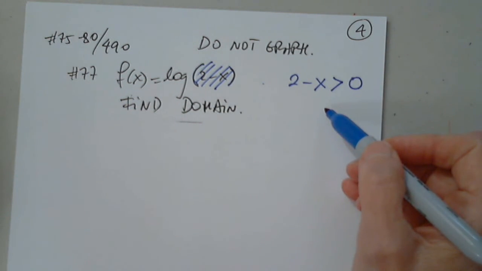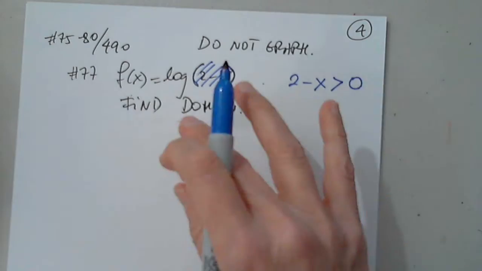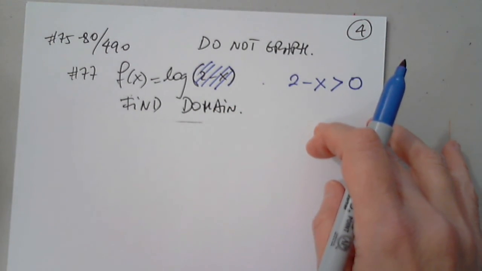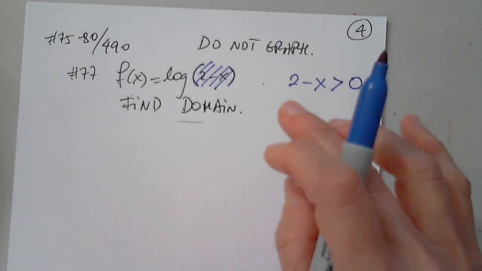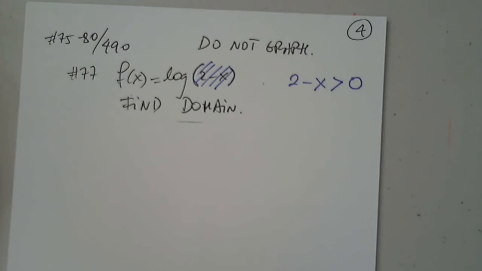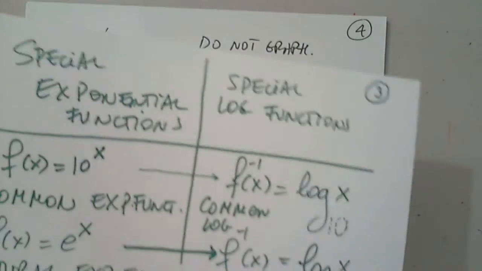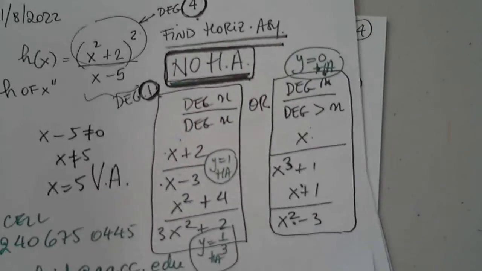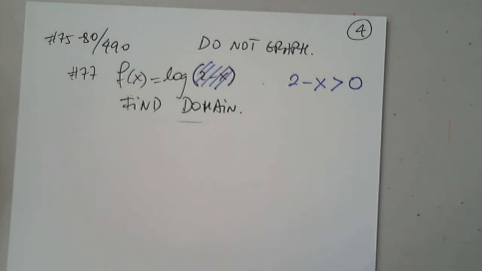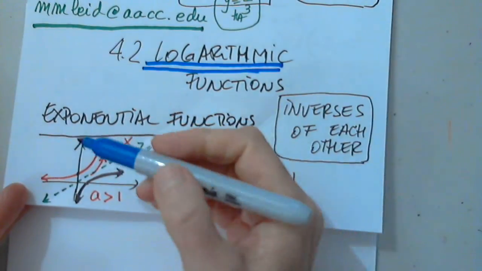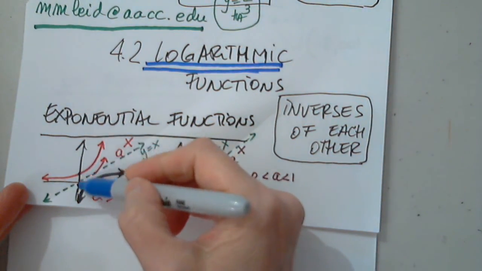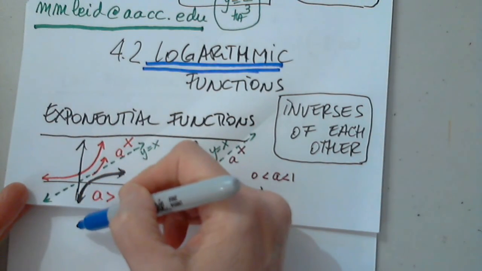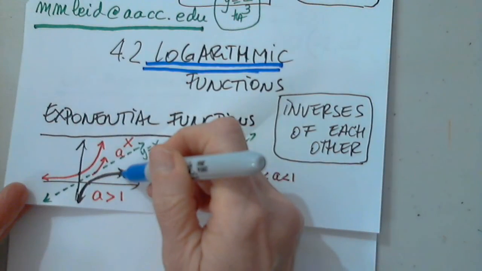Do we have any questions? Do we understand this step? No, very good question. It cannot equal 2. Look at the graph. When x is 0, this function goes to negative infinity. You cannot plug in 0 in this function.